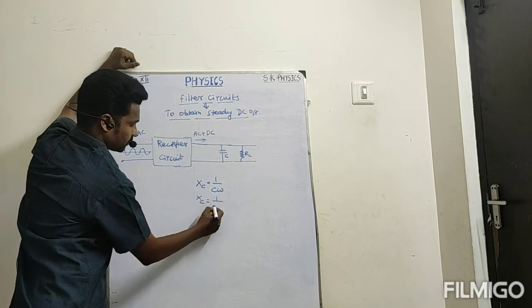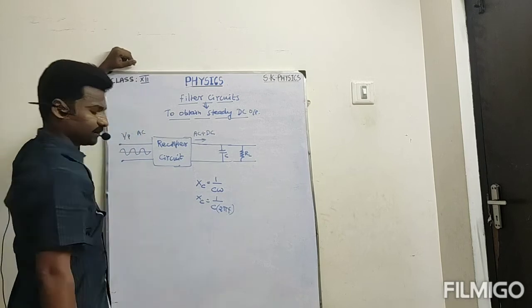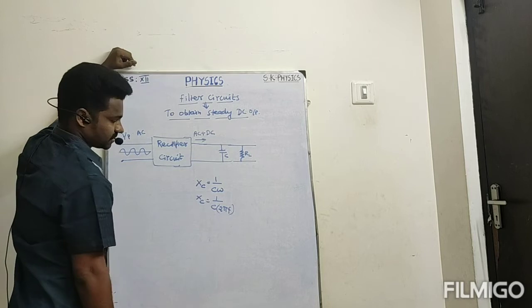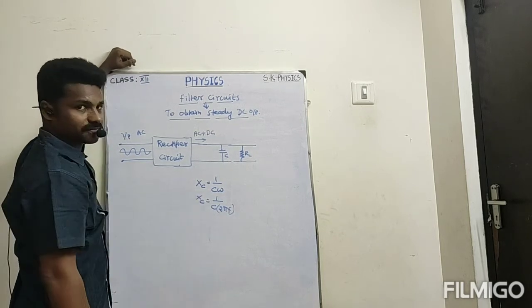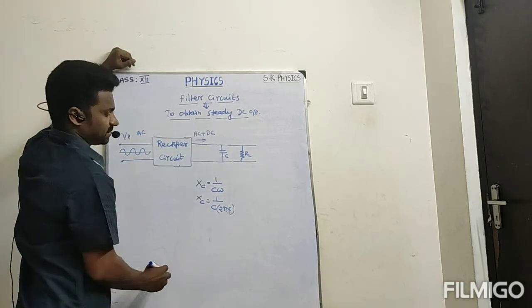So we can write 1 divided by 2 pi f C. So for AC, what frequency is there? As this value increases, the XC value reduces. So it offers low resistance, so it allows only the AC.